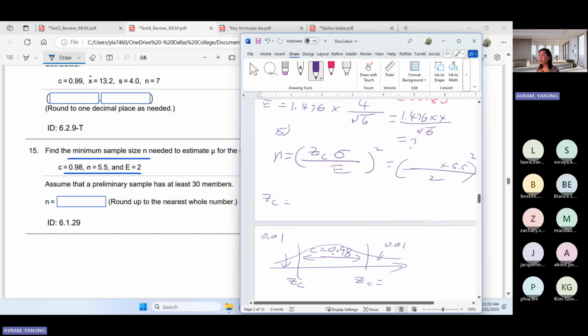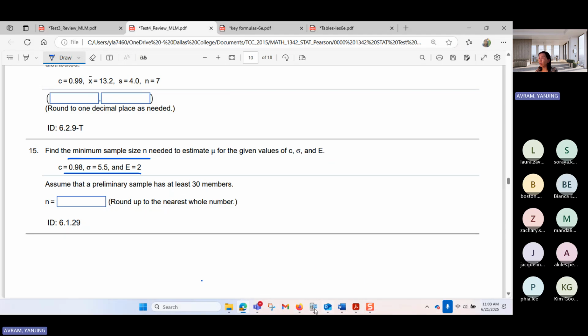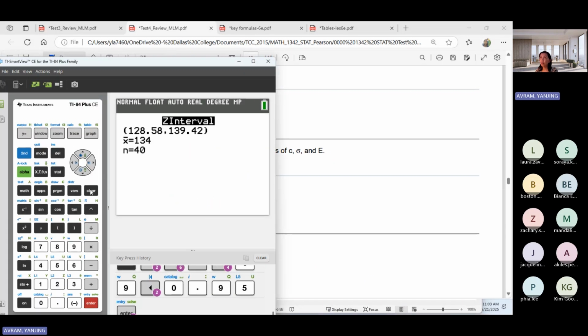So how do you find this one? You use 1 minus this one, divided by 2. So it's 0.01. If you're using a calculator, the area to the tail will be 0.01. Or if you have a nice calculator, you can find the area in the middle is 0.98. Let me show you the calculator. This is back to our chapter 5, finding the inverse norm.